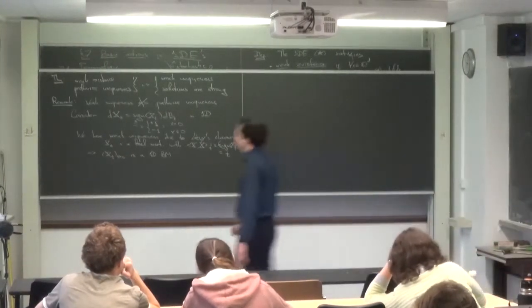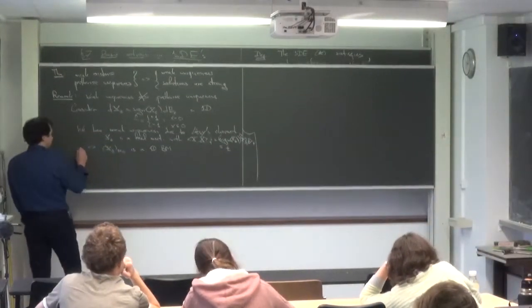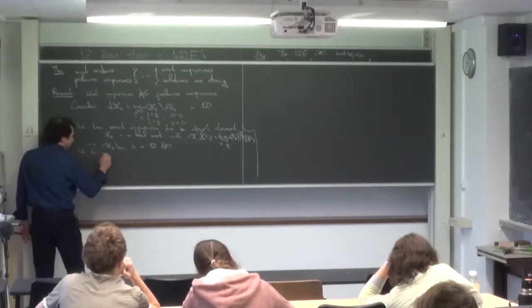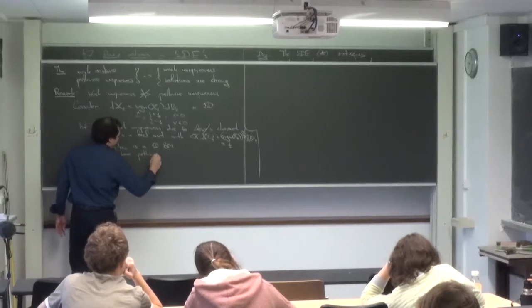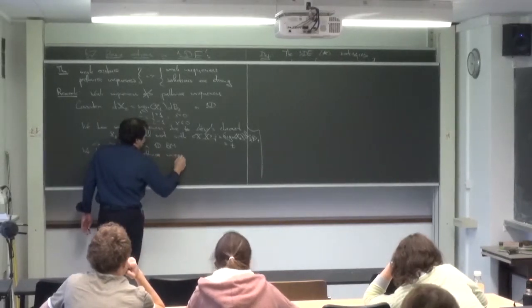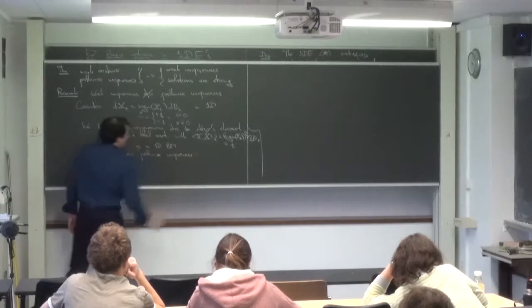But on the other hand, we do not have pathwise uniqueness. Why?